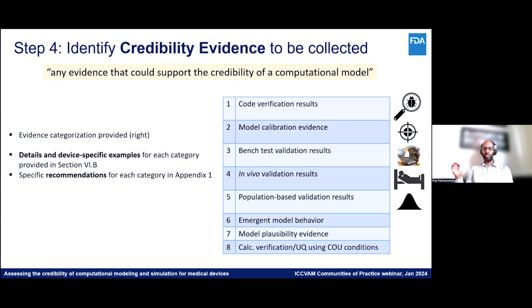They don't necessarily correspond to any real patient or person out there. So there's no one to compare that particular model to, but we can compare the range of models as a whole against population level data from the population. So in the guidance, we have this categorization, definitions of each, and some details and device-specific examples for each, and some specific recommendations for each.